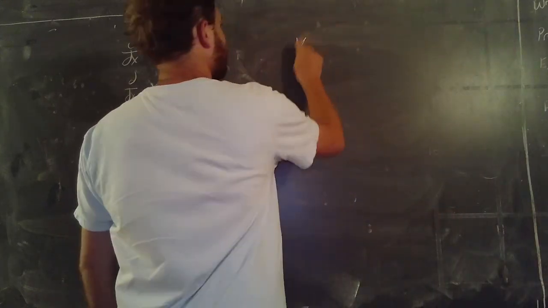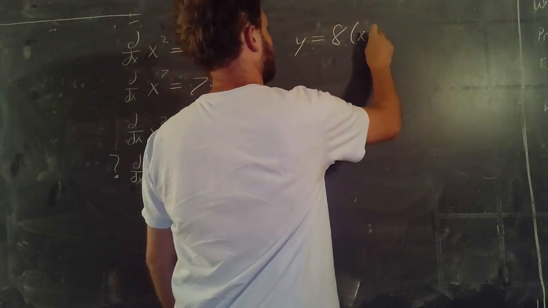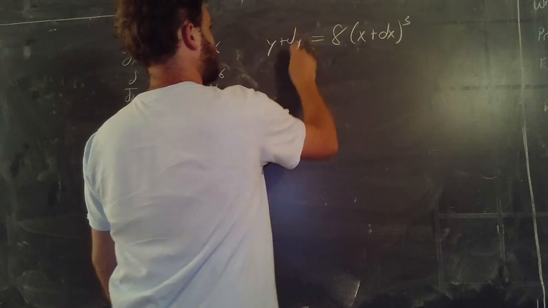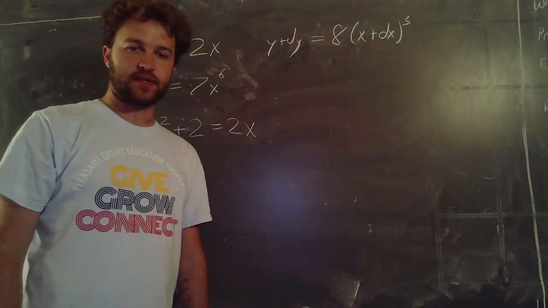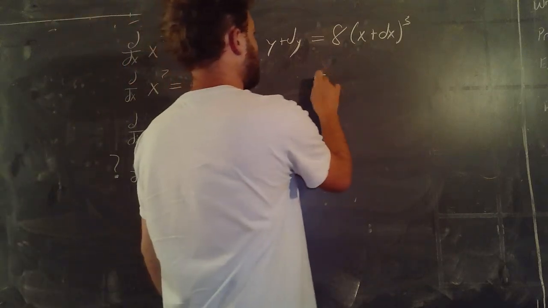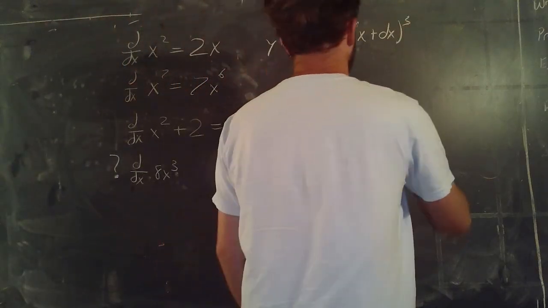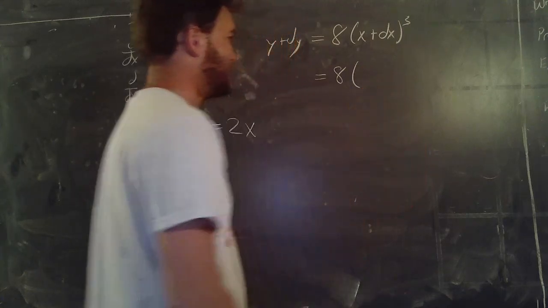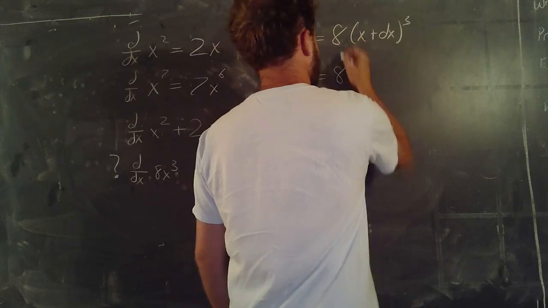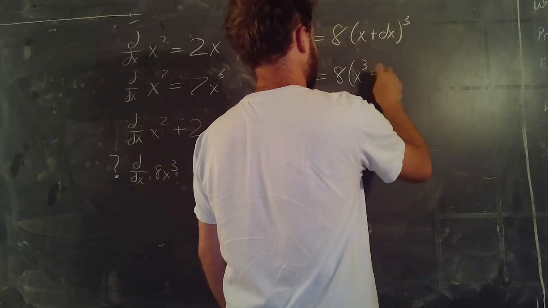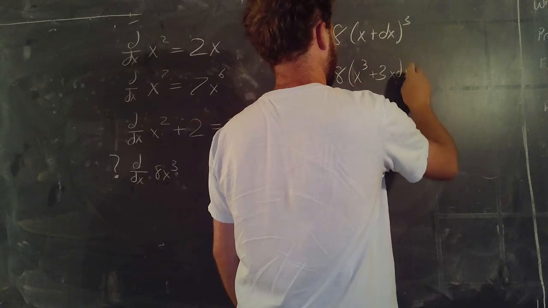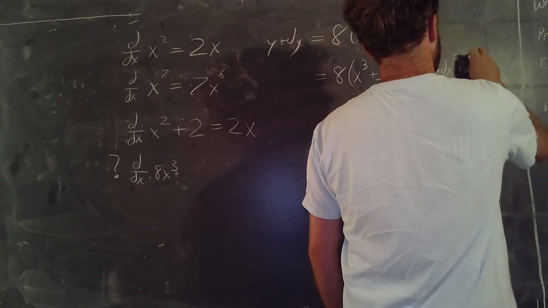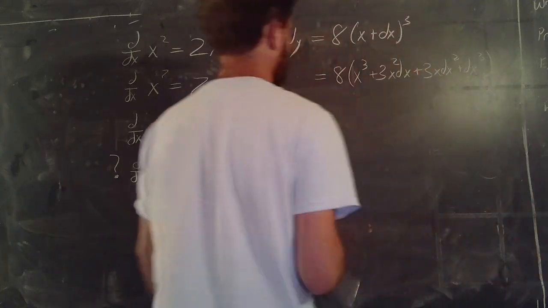So if I follow kind of a similar procedure, that is that y plus dy will equal x plus dx to the third power times 8, well then we notice here that the x plus dx value, when expanded out, gives us x to the third power, 3x squared dx, 3x dx squared, dx to the third power.